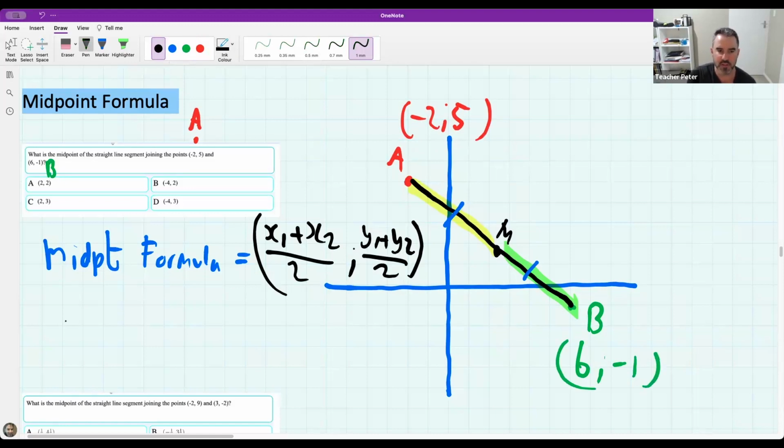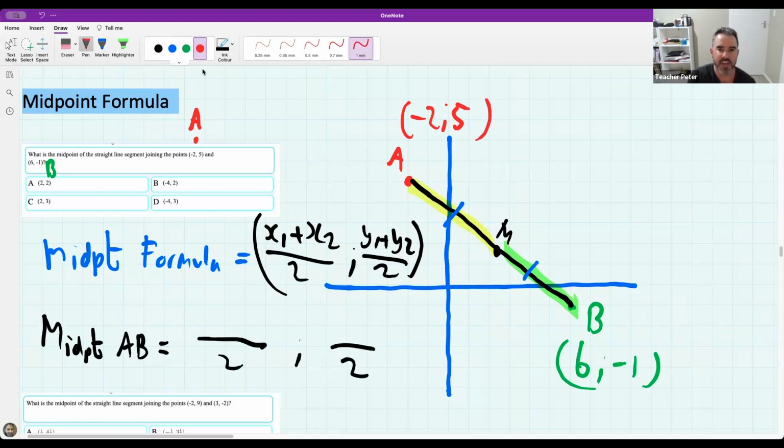If I was computing the midpoint of AB, all I would need to do is have two things that are divided by 2, and then I would go minus 2 plus 6, and then I would go 5 plus minus 1. And that will give me the coordinates of the midpoint.